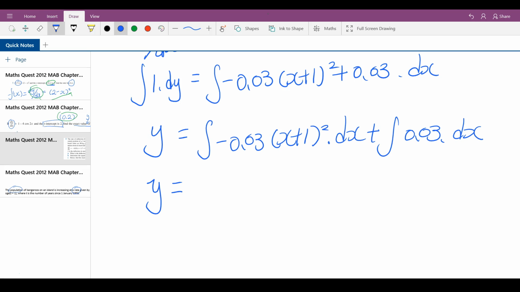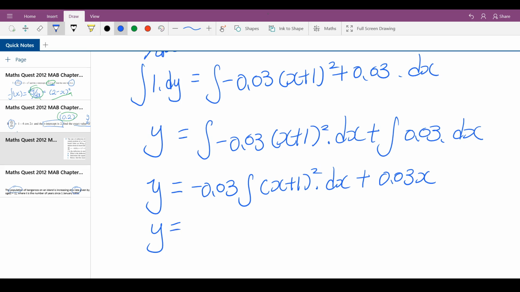We've got something similar to the chain rule here. Remember the negative 0.03 is just a constant, so we can move it out. So we go (x + 1). And this constant integrated with respect to a variable becomes that; you just get the variable at the end. Now we've got the middle part to solve.